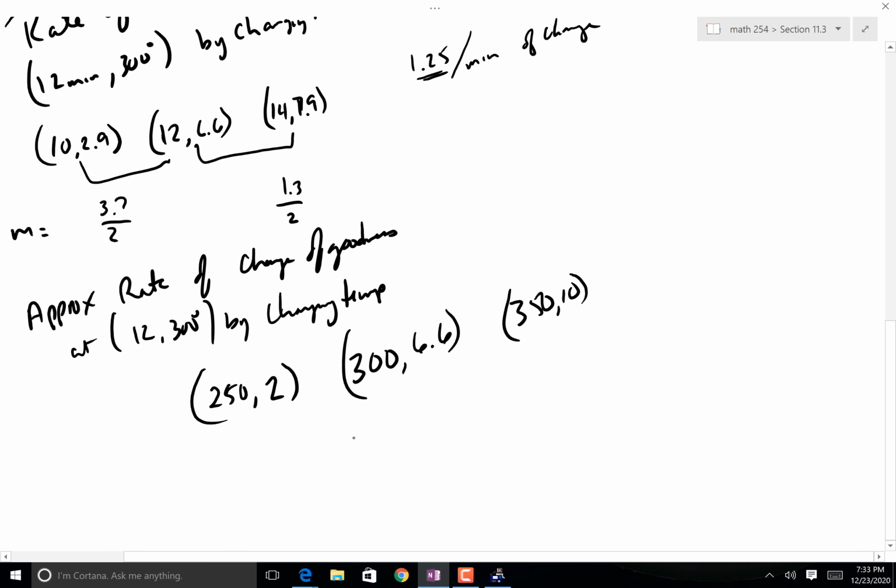So if you find the slope here, that'd be a change of 4.6 over 50. And this would be a change of 3.4 over 50.